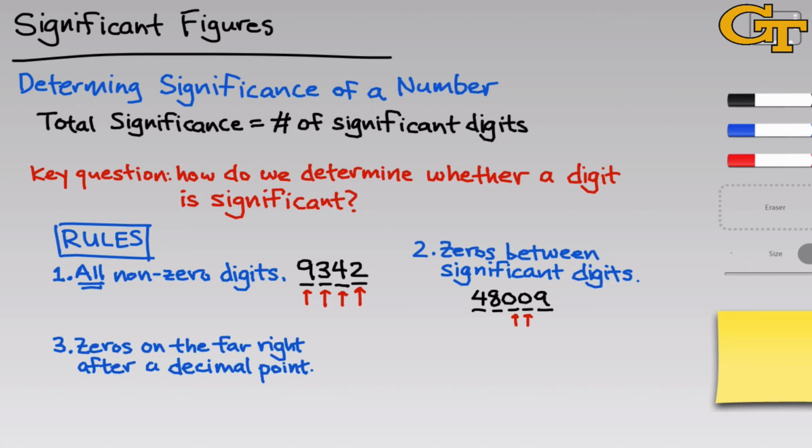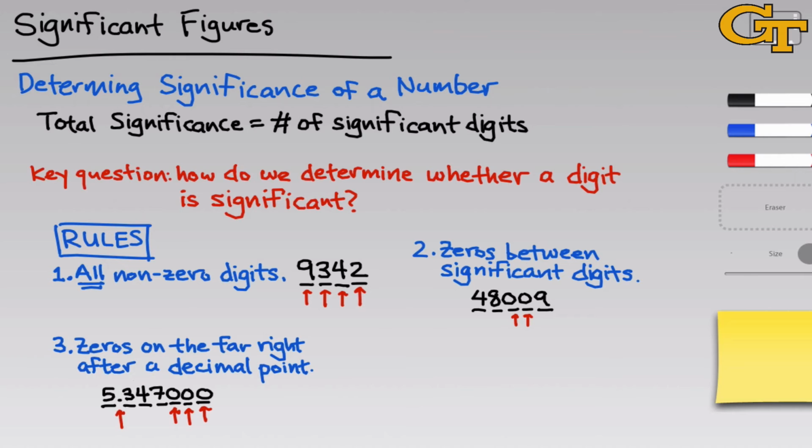Rule number 3 is that the zeros on the far right after a decimal point are significant. This is probably the most arbitrary of the rules and the one that's a little bit difficult to explain. For example, in the number 5.347000, the 3 digits on the far right are considered significant. You might be saying to yourself at this point, couldn't we just lose those zeros and get exactly the same value out?